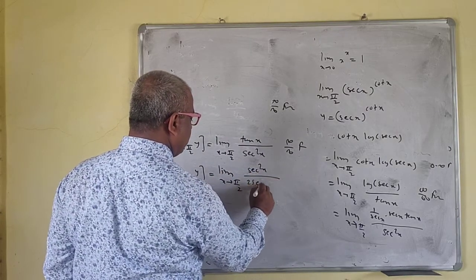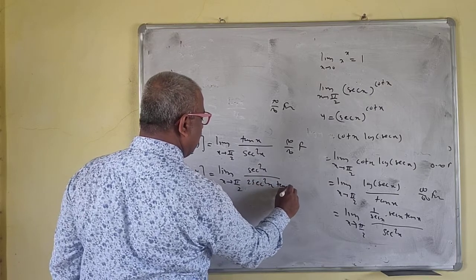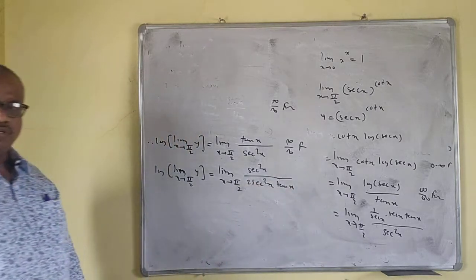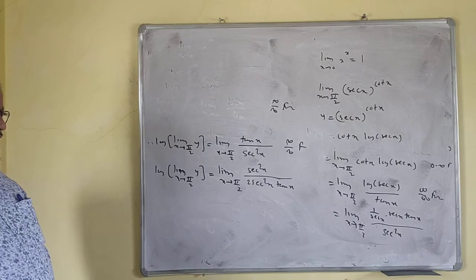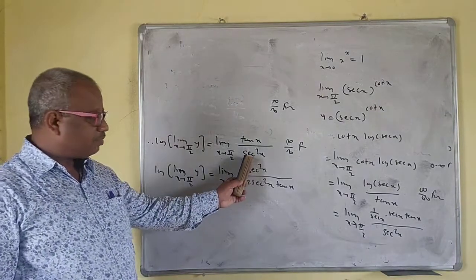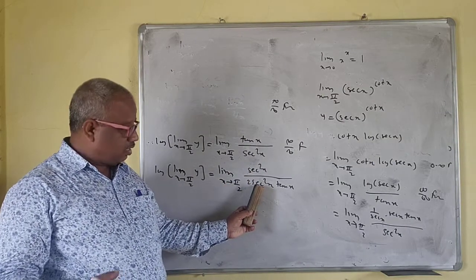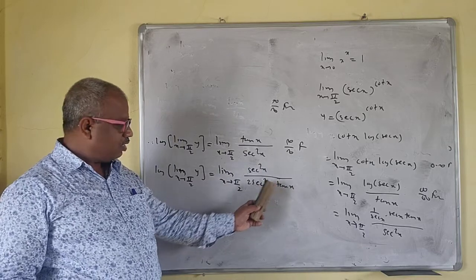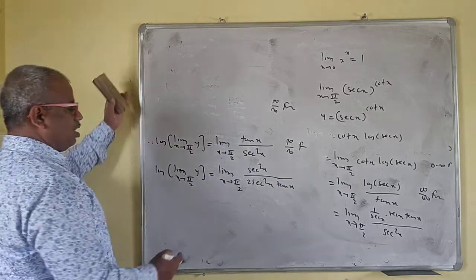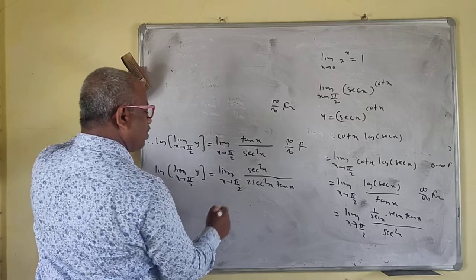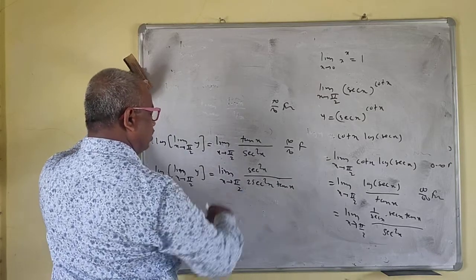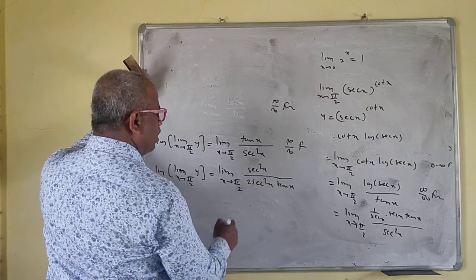So 2 sec square x into tan x. Okay. Because derivative of sec square is 2 sec x into sec x tan x. Okay. So now this sec square x gets cancelled and this tan is shifted at the numerator. So it becomes cot now.